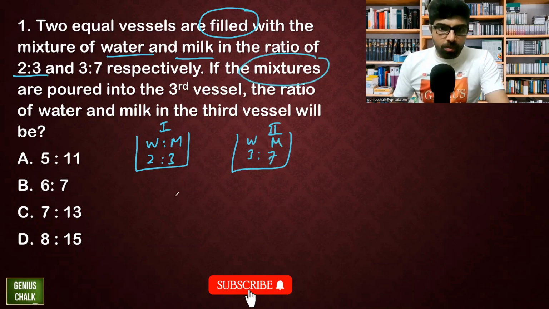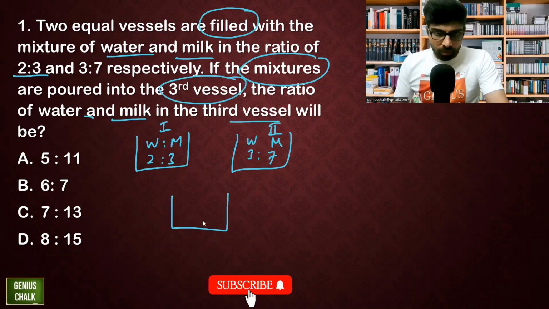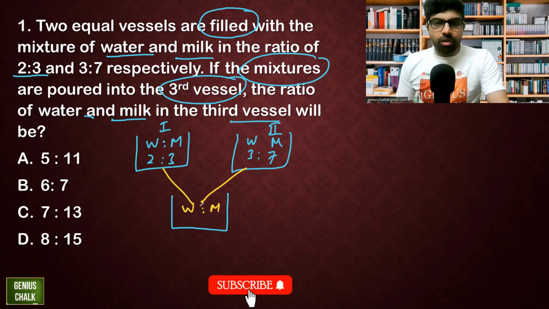If the mixtures are poured into the third vessel, what will be the ratio of water and milk in the third vessel? We have to mix these two vessels in this one, and eventually tell the ratio of water and milk.